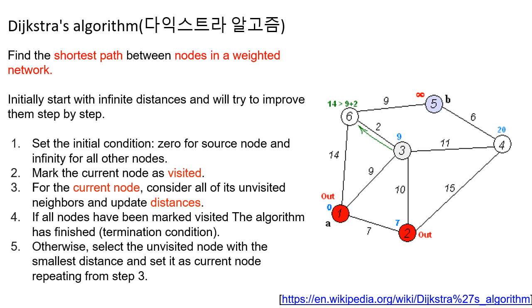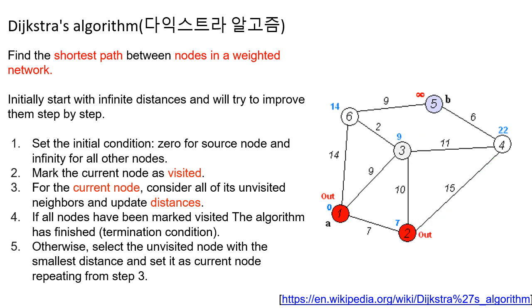Okay. In the next step, nodes 1 and 2 have unvisited neighbors: this one, this one, this one. Then check the summation of the weights. For example, to reach 3 via 1, it has a weight of 9.